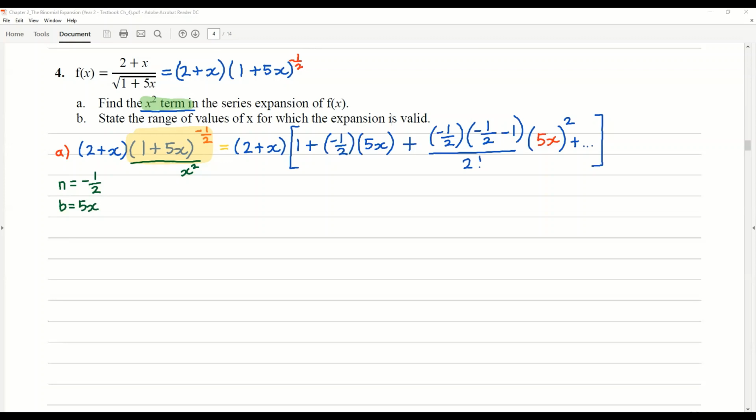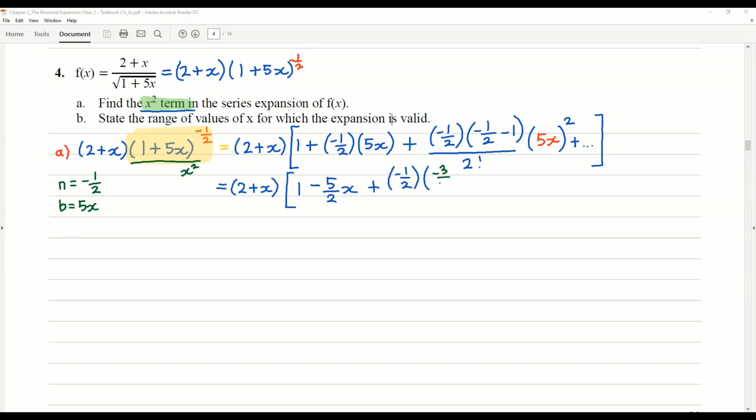Oh, that's okay. So the next step is we have 2 plus x, big brackets, 1 over 2x, and then plus negative 1/2 multiplied by, so minus 1/2 minus 1, that's negative 3 over 2.